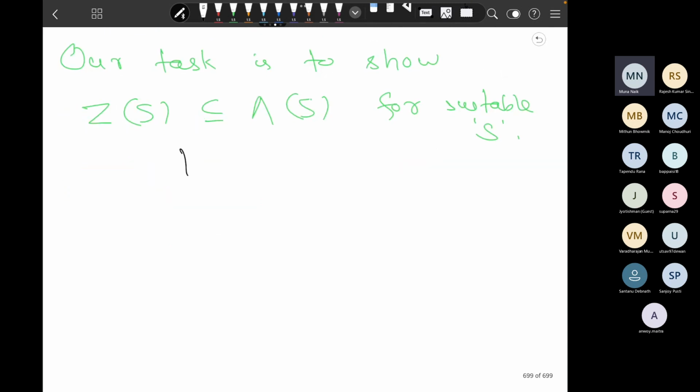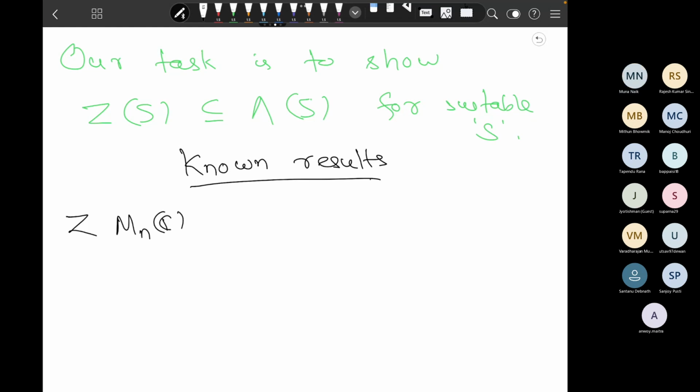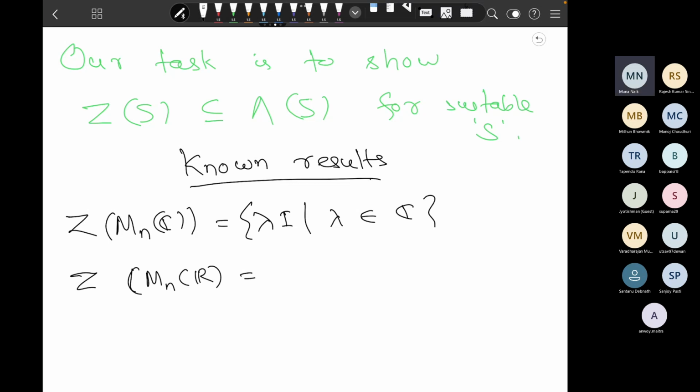Now some known results which you probably know. If you look at Z(M_n(C)), this is really {λI : λ belongs to C}, and Z(M_n(R)) is equal to {λI : λ belongs to R}.